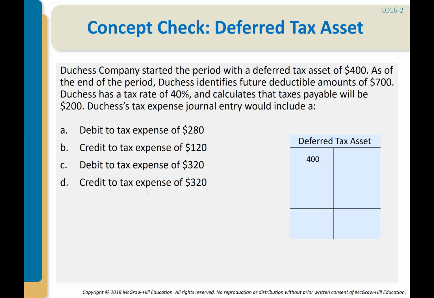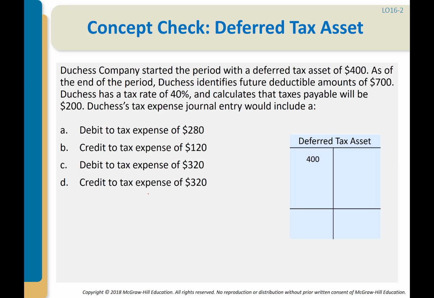Okay, so Dutch's company started the period with a deferred tax asset of 400. There it is, right? As of the end of the period, Dutch's identifies future deductible amounts of 700. Dutch's has a 40% tax rate, and calculates the tax payable will be 200.